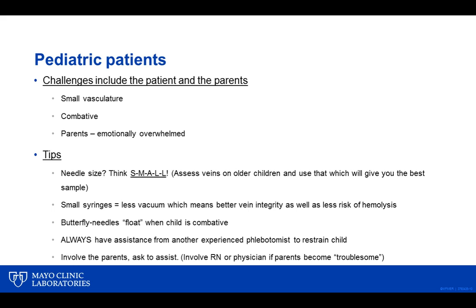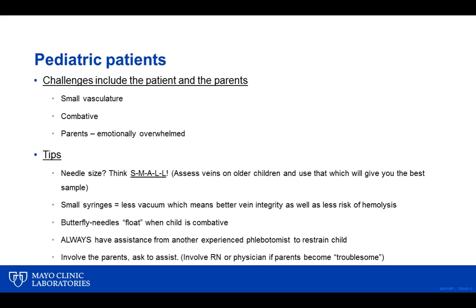Small syringes, the reason I like small syringes is you pull the plunger, you have less vacuum, which means you're going to maintain venous integrity. You won't collapse that vein. As well as there's that risk of hemolysis, but if you aren't aggressive as you're pulling the plunger, you'll be fine.